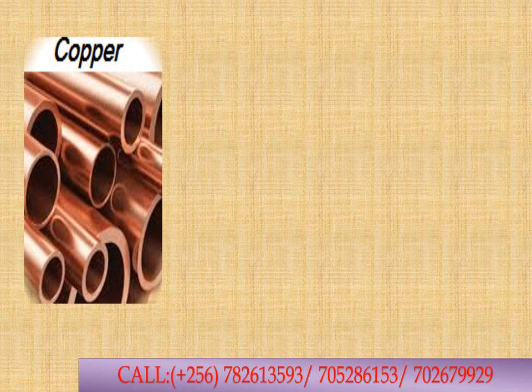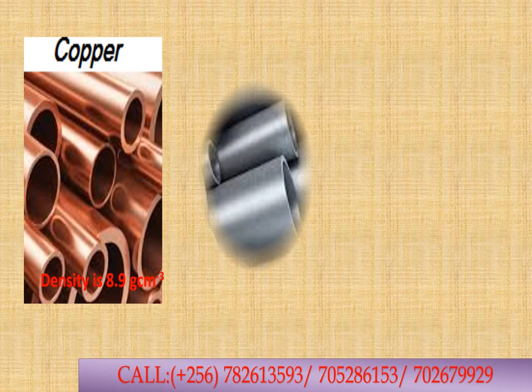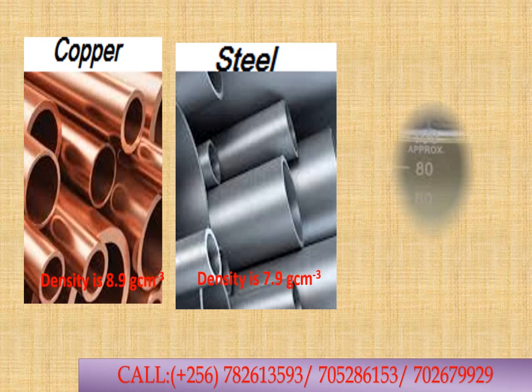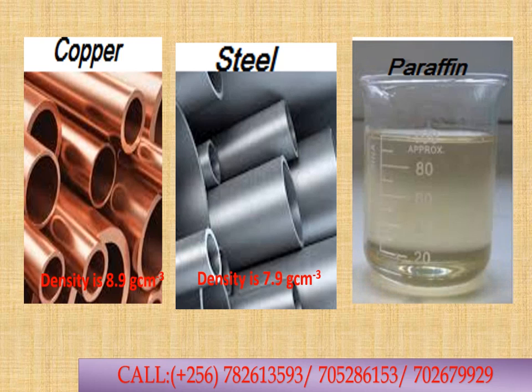How about copper? That color there. This is copper here. What is its density? Density is 8.9 grams per cubic centimeter. Again, steel has a density of 7.9 grams per cubic centimeter. And how about paraffin? There it is poured in a beaker there.